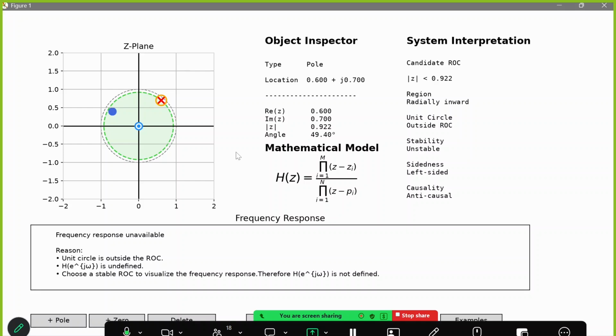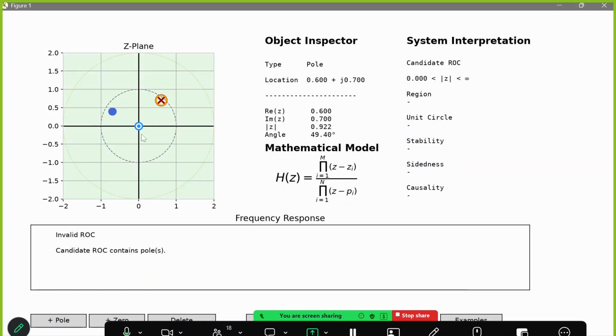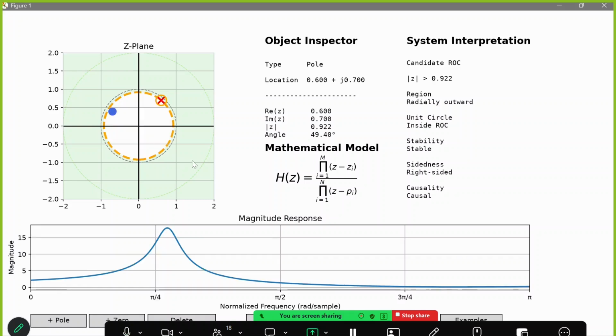because that tells you that all the values inside this green region will make H of z finite. Or another possibility is that we can have something like this. Now the ROC is z greater than 0.922.